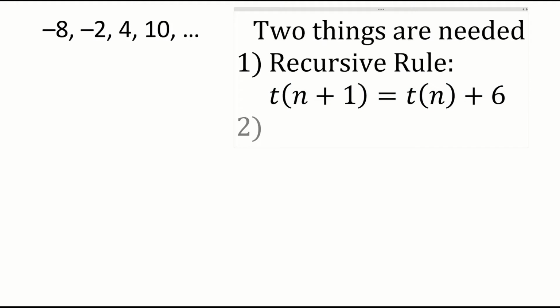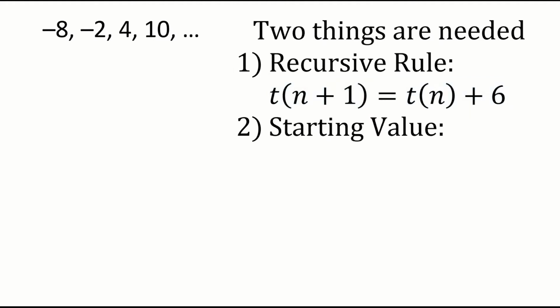The other thing that we need is a starting value. And in order to share the starting value with the user of our recursive rule, we simply say something like, t of 1 equals -8.